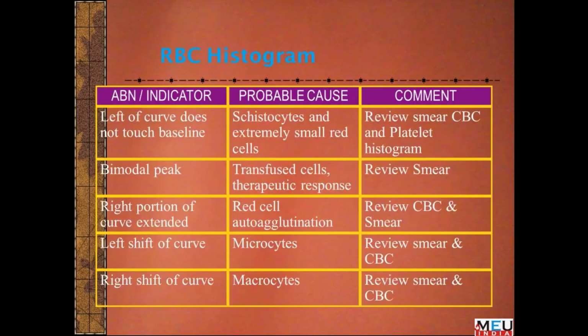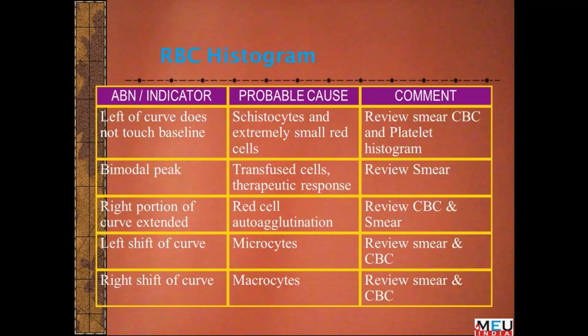So basically, among the various possible abnormal indicators, if the left of the curve does not touch the baseline, it could be because of schistocytes or broken RBCs, and we should review the smear and platelet histogram.